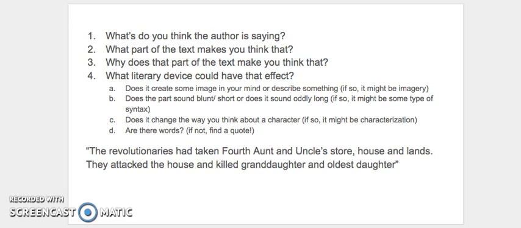And so specifically, I noticed that there was a lot of aggression. And so what I tried to do is I tried to find a literary device that could evoke this aggression that I noticed. So I didn't notice any imagery, per our first question.